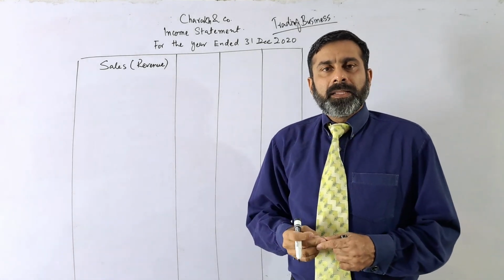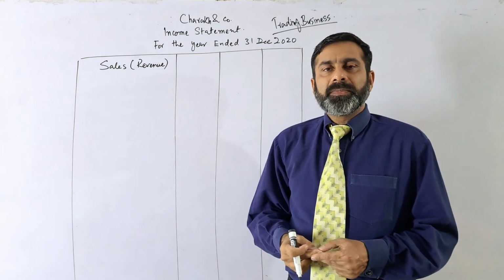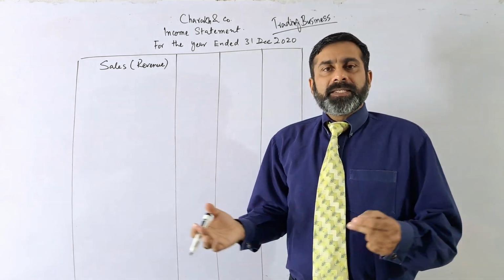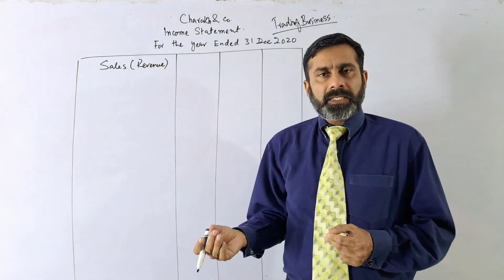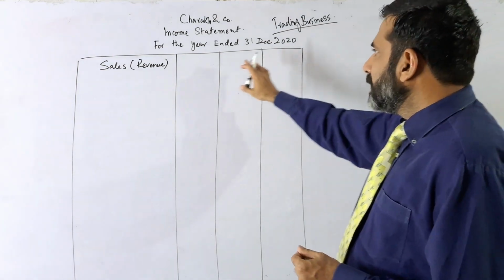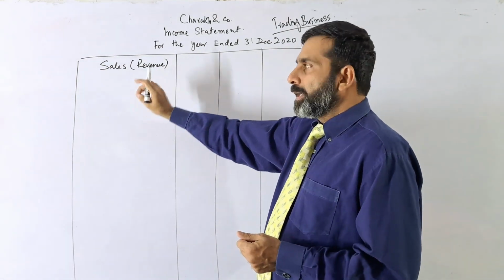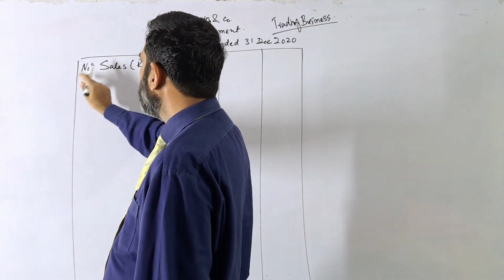First, the business has made sales, and sometimes there is also a sales return. So we have to consider how much is the total sale and how much is the total return. So this is the net sale, or the net revenue.